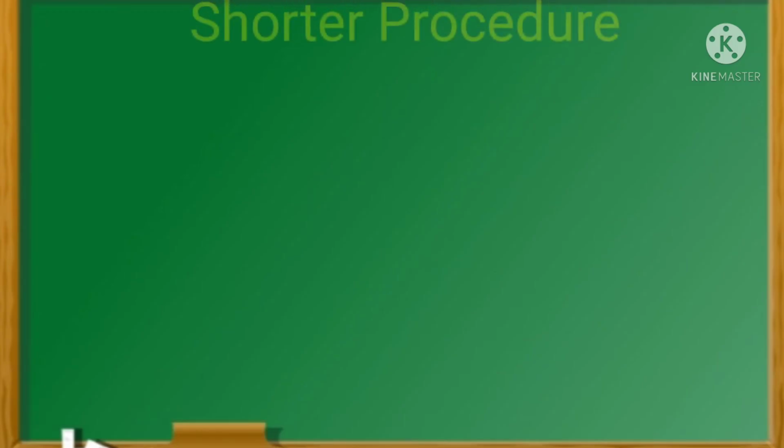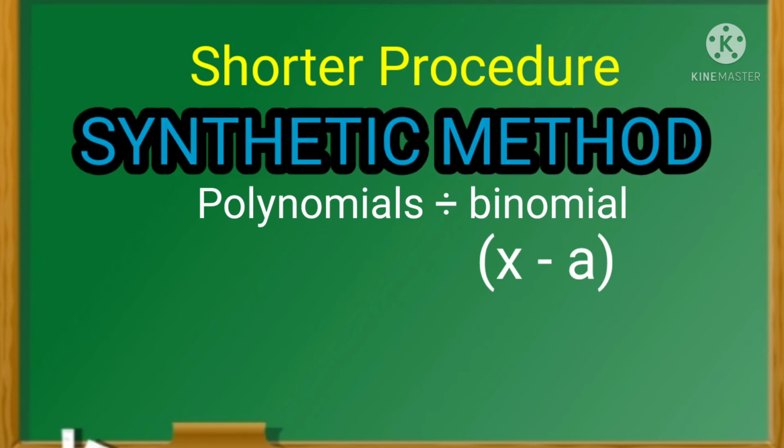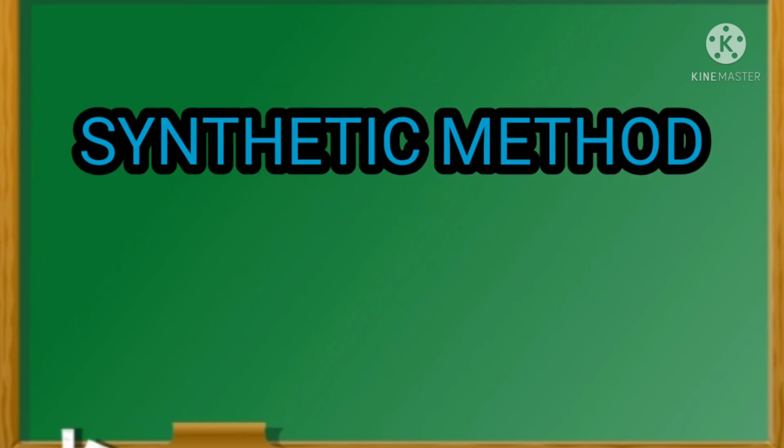There is a shorter procedure when a polynomial is to be divided by a binomial of the form x minus a. This method is called synthetic division. In this procedure, we write only the coefficients. The steps in dividing polynomials using synthetic division will be illustrated by the following example.